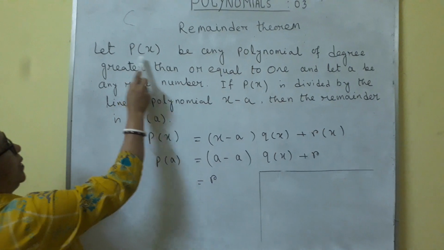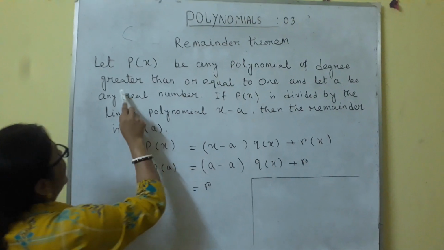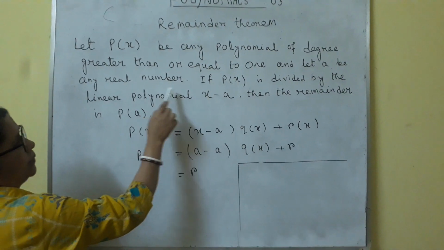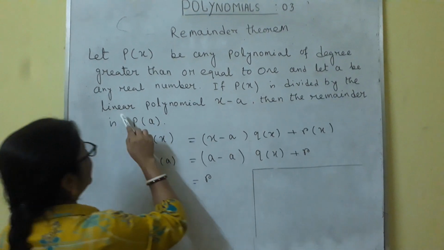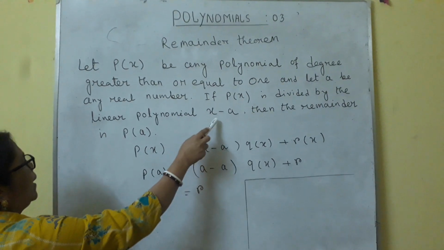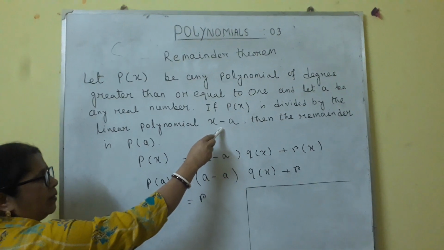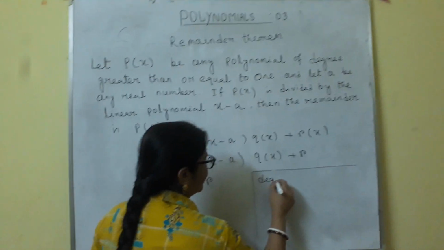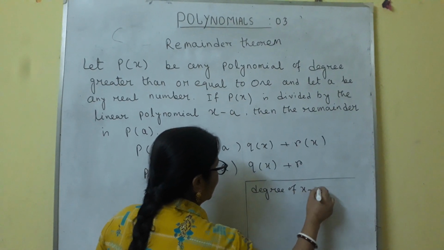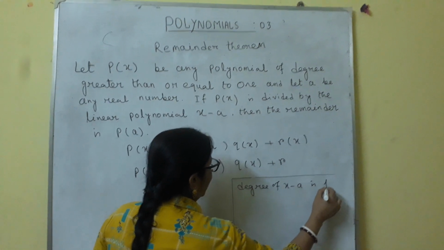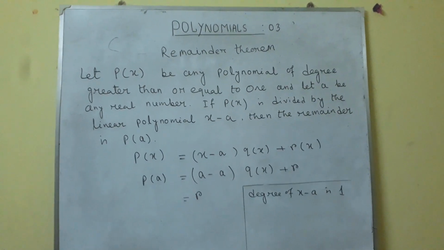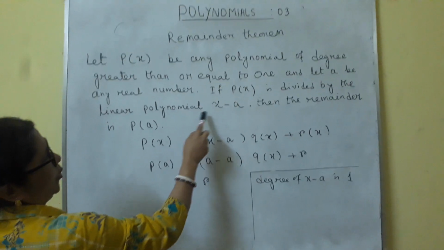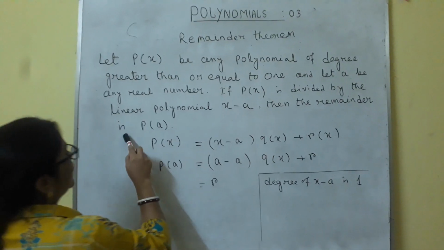Once more, p(x) is any polynomial of degree greater than or equal to 1 and a is any real number, and x minus a is a linear polynomial, that means the degree of x minus a is 1. If p(x) is divided by the linear polynomial x minus a, then the remainder is p(a).